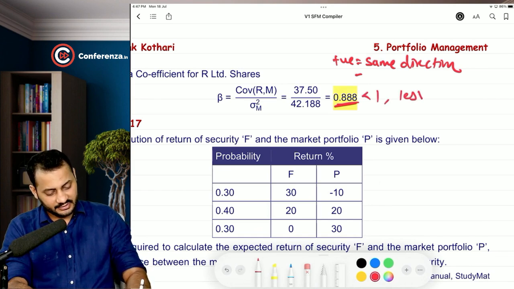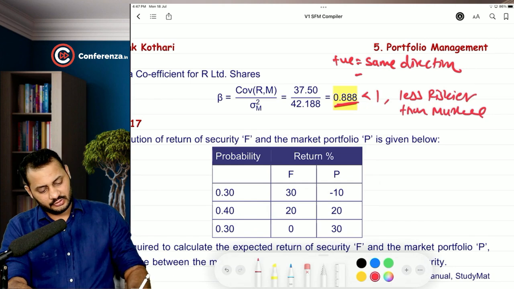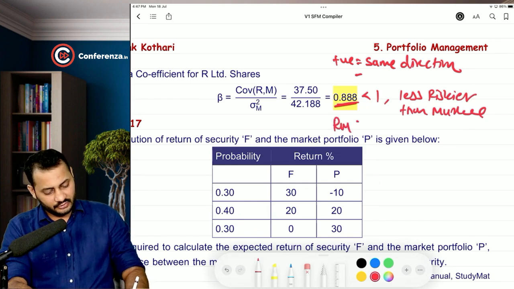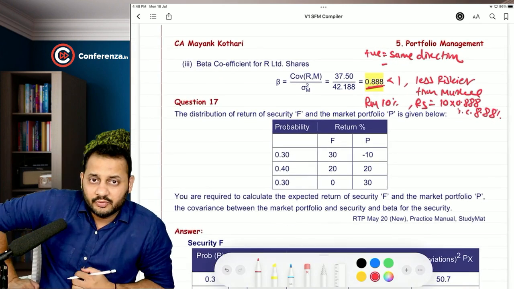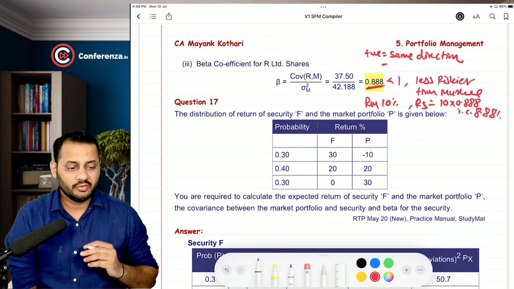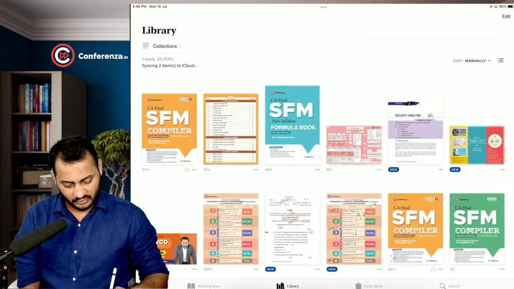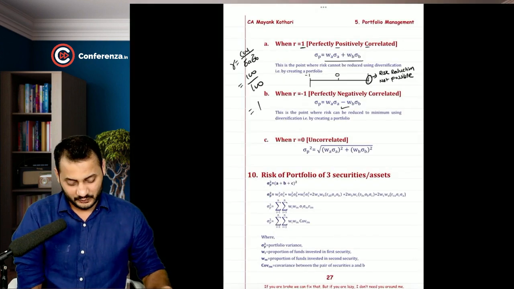That means less risky than the market. So if the market's return goes up 10%, the stock's return will go up by 10 into 0.888, that is 8.88%. This is how you calculate the stock's return. So from now onwards, you will remember the formula of the beta also.